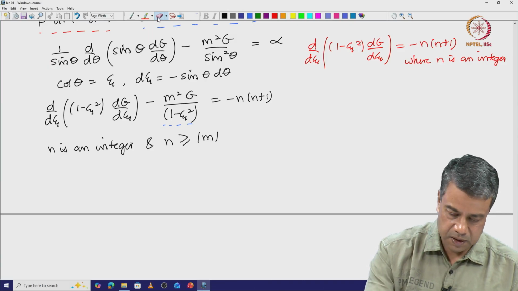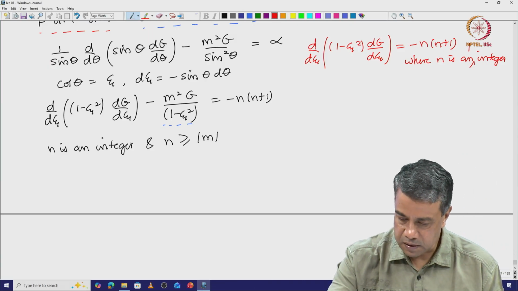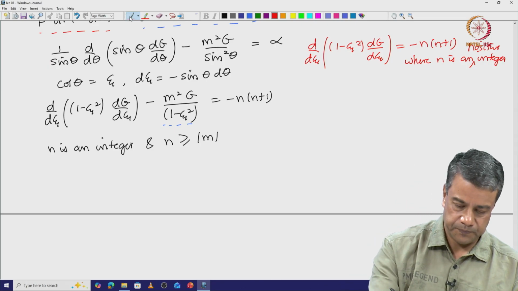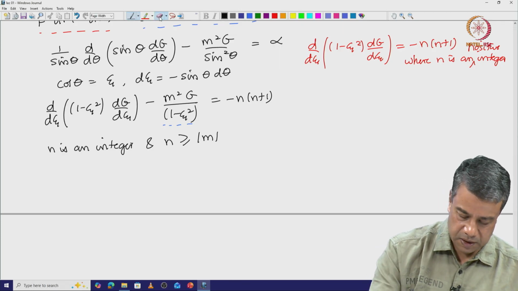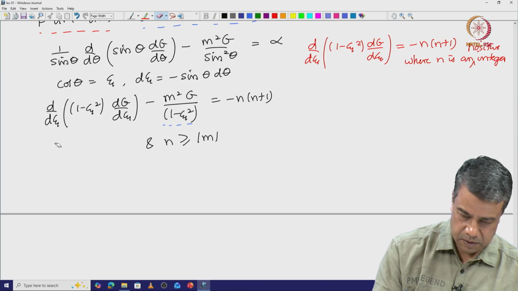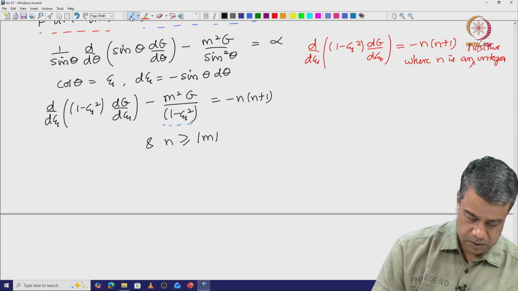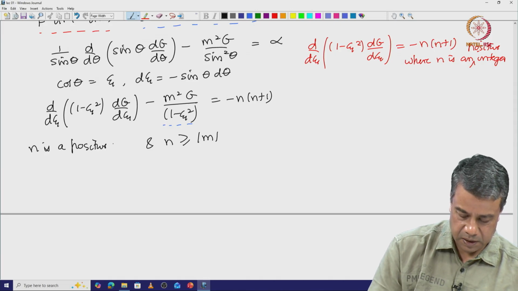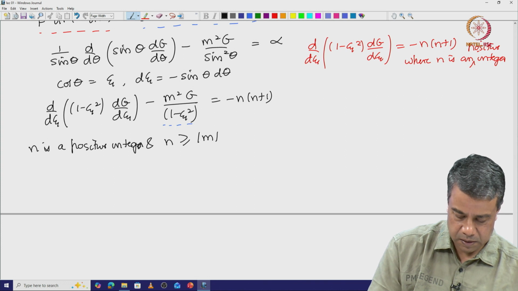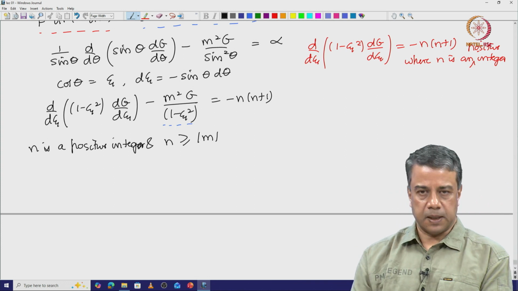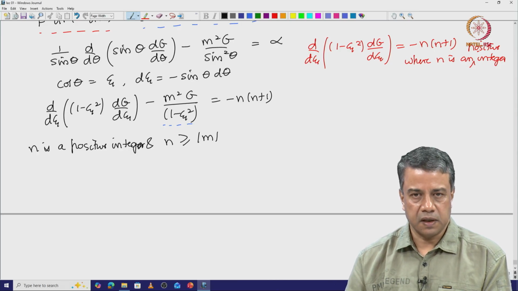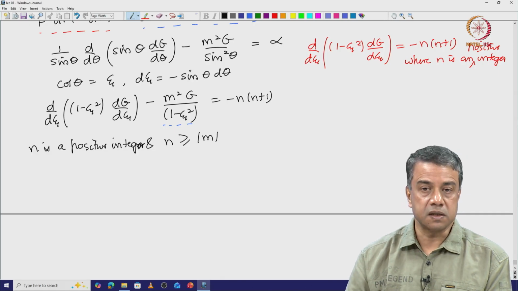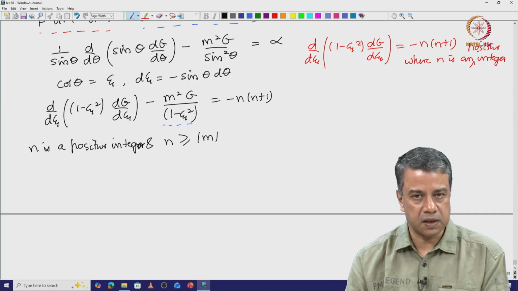I should note here that n is actually a positive integer, because n was equal to 0, 1, 2, etc. So, this is valid only if n is a positive integer and if n is greater than or equal to the magnitude of m. So, for a given n value, the m value can take values from minus n to plus n. Only then is the solution finite at theta is equal to 0, at theta is equal to pi.